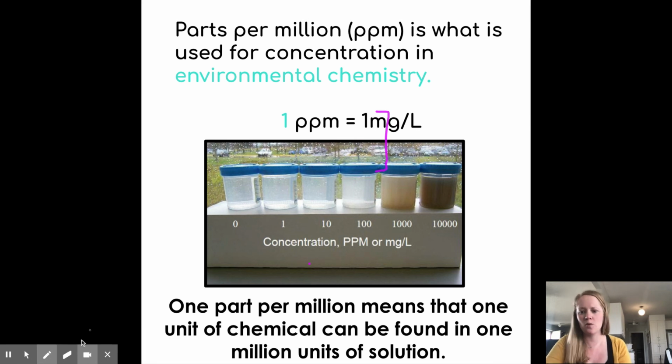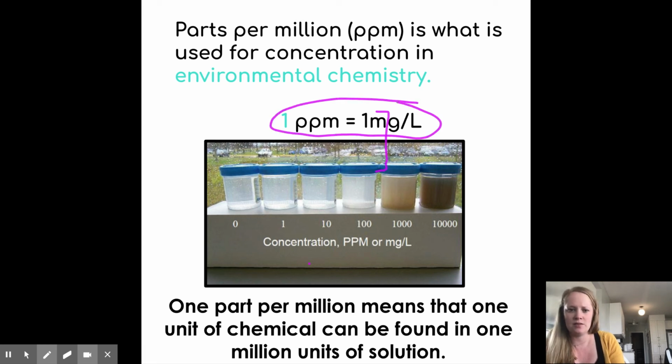So, parts per million is the one that we see the most of, and it's used mostly in environmental chemistry. What this means is you have 1 milligram in a liter of a substance. To give you an idea of concentration, if you look at this first container, this has 0, it's just plain old normal water. In the next one, it has 1 part per million.